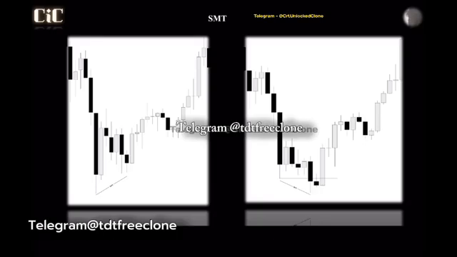Right, which is the idea that the market makers are going to push price below one specific low and not the other one to send each other a signal that the bottom's in.